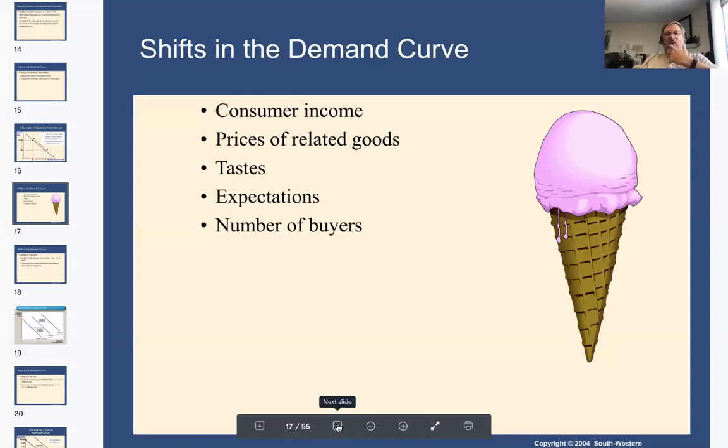The next bullet point is about expectations, and this is really interesting. What we're talking about is expectations, particularly of the future price of the good. It tends to be the case, and this happens a lot, I don't know if you guys do this with gasoline purchases or not.